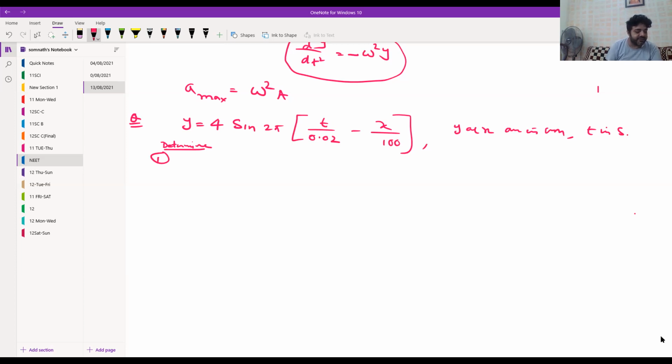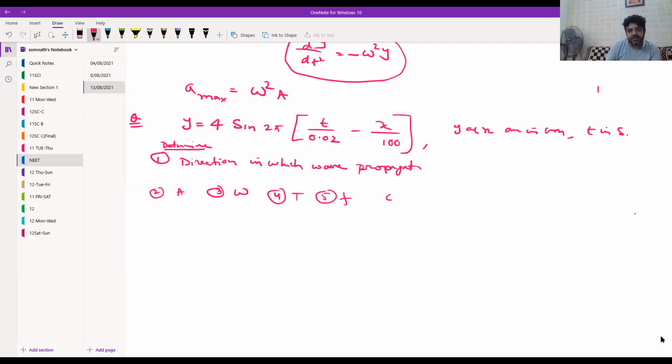the direction in which the wave is propagating. Number 2, amplitude. Number 3, angular frequency. Number 4, time period. Number 5, frequency.